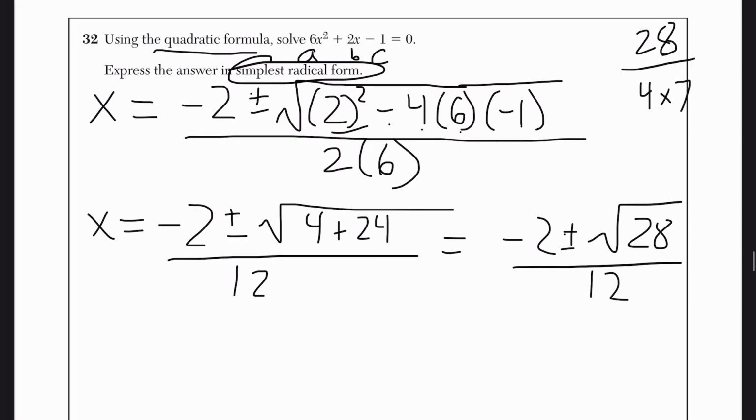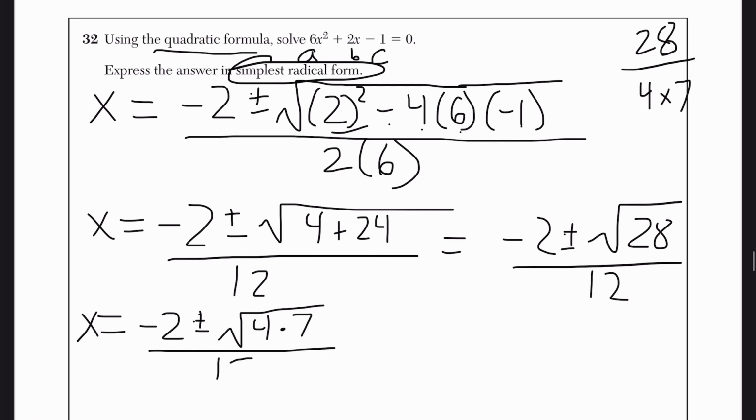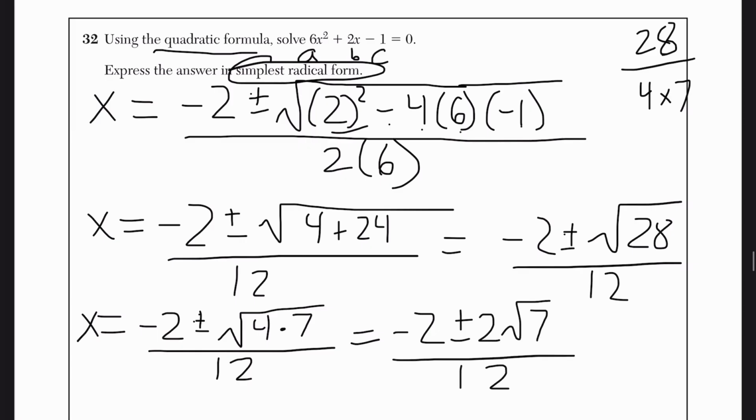There was a multiple choice like this way earlier. So it's going to be -2 plus or minus radical 4 times 7 all over 12, but we know what radical 4 is. It's 2. I don't know if my denominator got cut off, but it's 12.